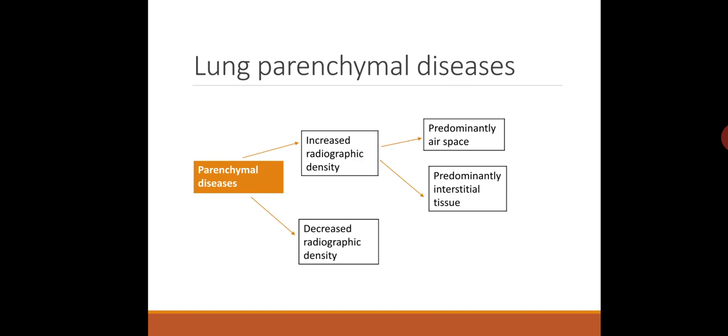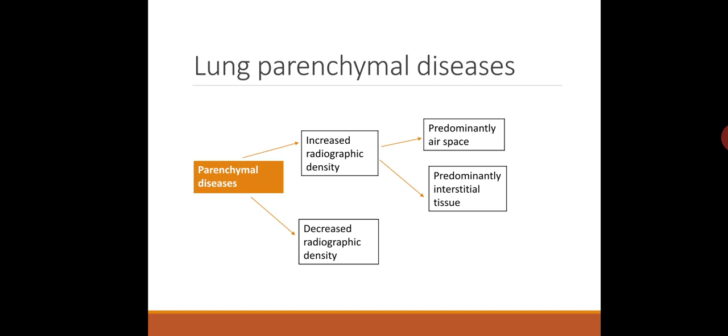We know what radiographic density means: something which appears whiter or more opaque. The increased radiographic density seen can be further divided into something which affects predominantly the air space or something which affects the interstitial tissue.